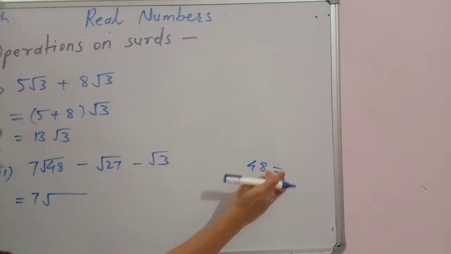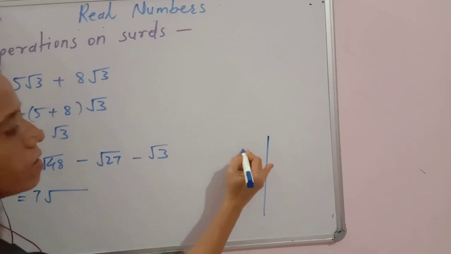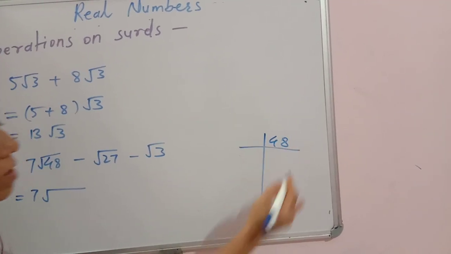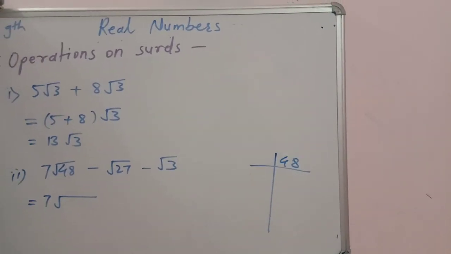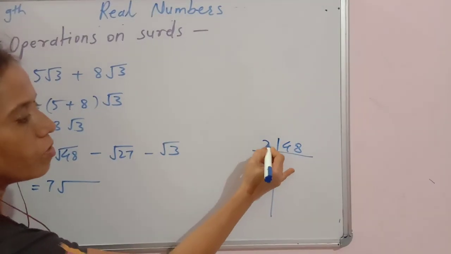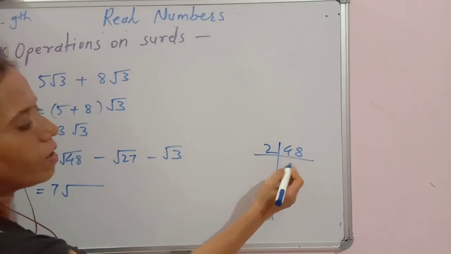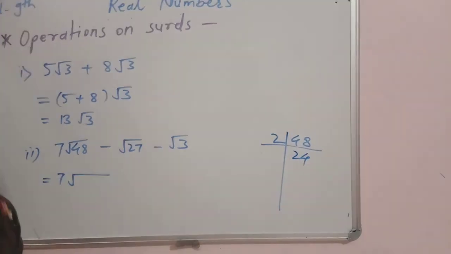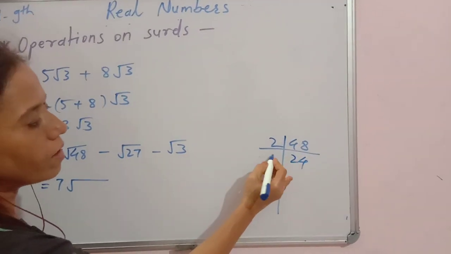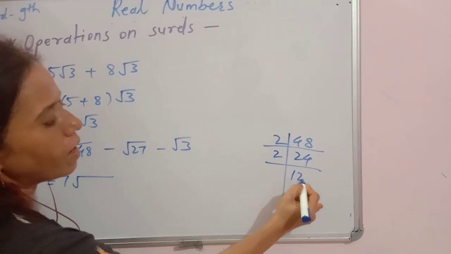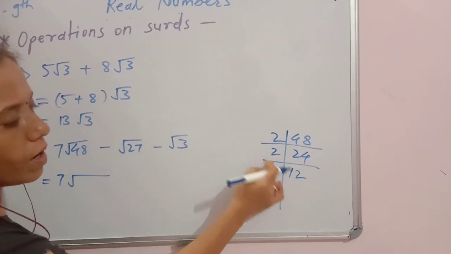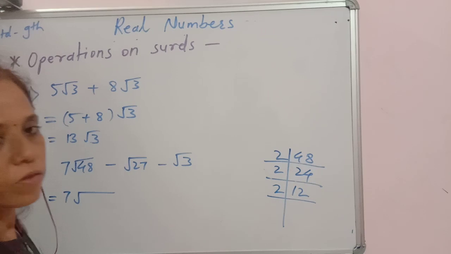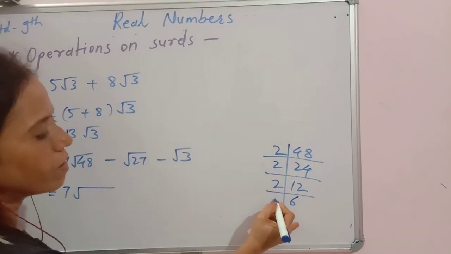If you don't know, you can factorize 48 by the prime factorization method. Maybe some students don't know this. For example, divide 48 by 2, the answer is 24. Again its factor is 2, so I have divided 24 by 2. Again the factor of 12 is 2, then 6.